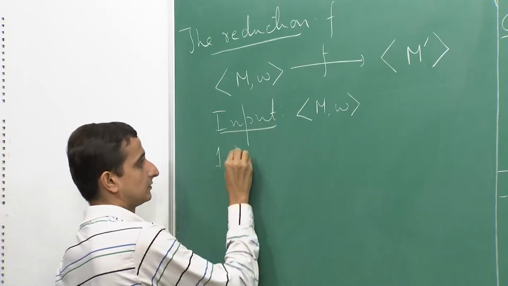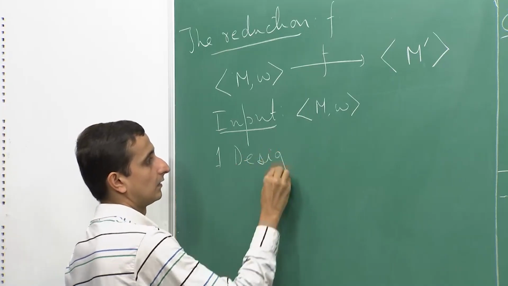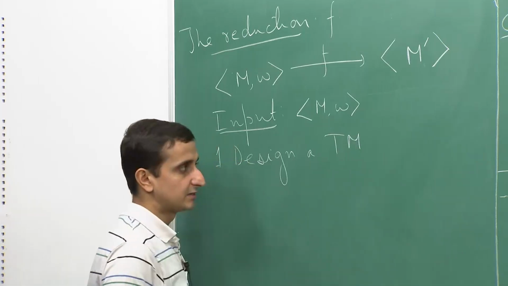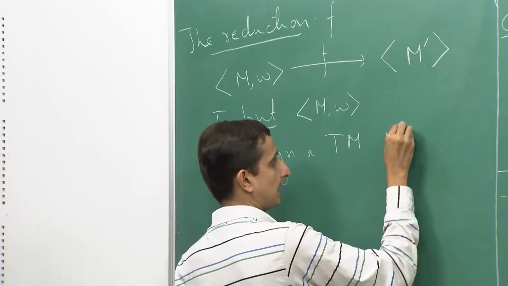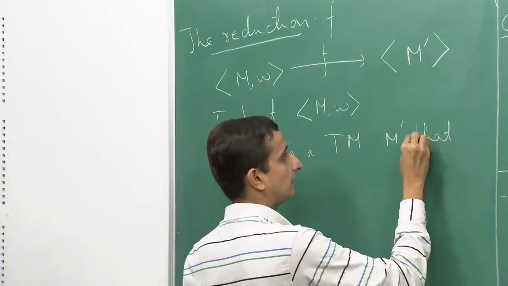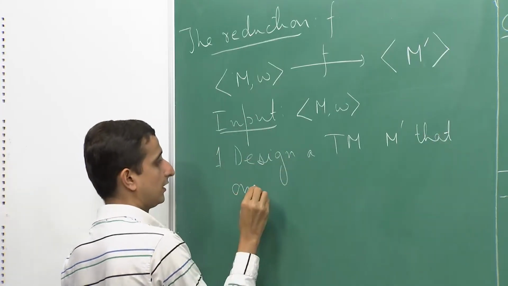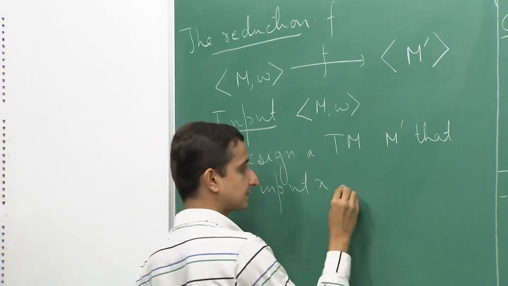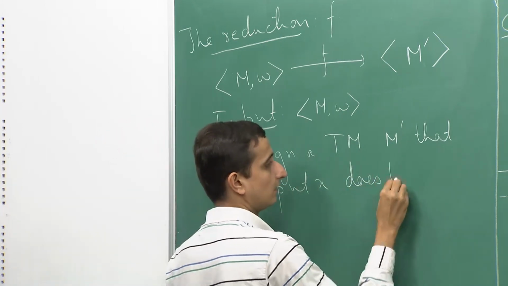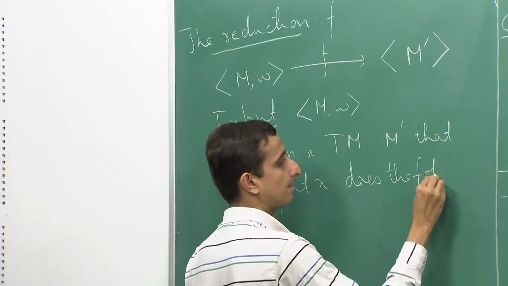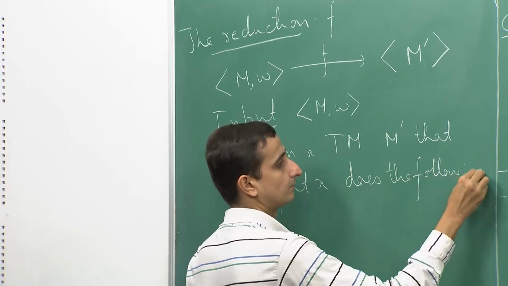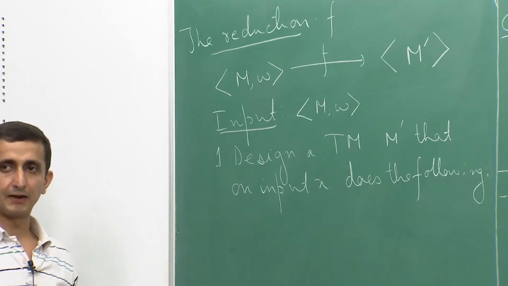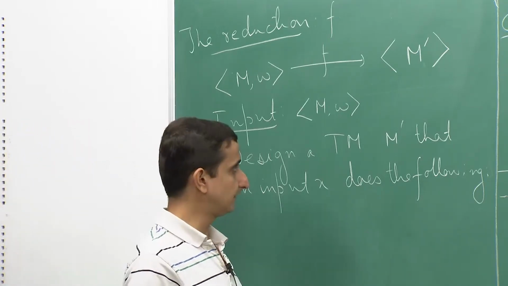Design a Turing machine M prime that on any input x does the following. Before I give the description of M prime, let me say something.